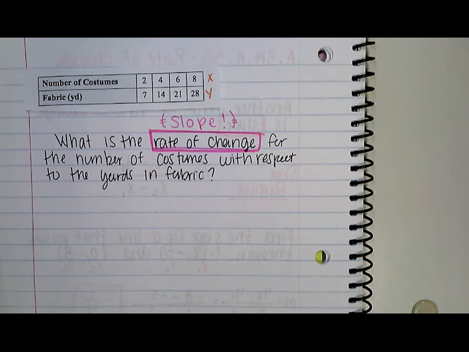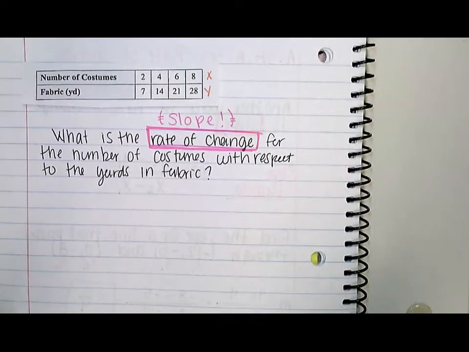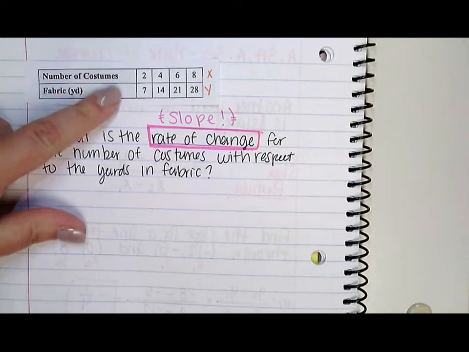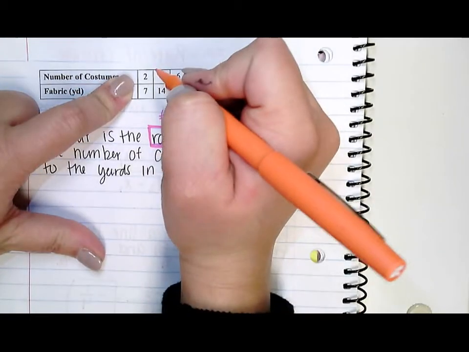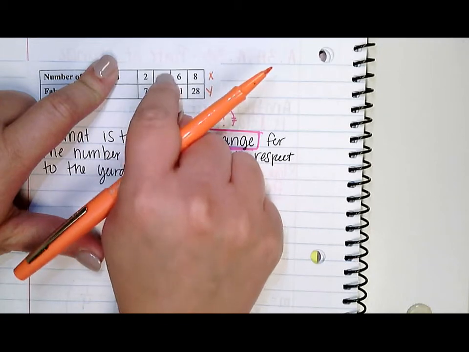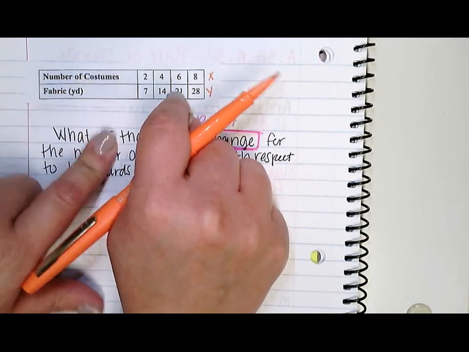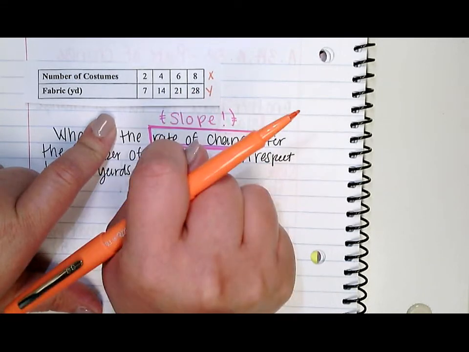Usually X goes on top, Y on the bottom. Okay, and your values here are a little different. So it's like vertical. So the 2 and 7 is an ordered pair. 4 and 14 go together. 6 and 21 go together. 8 and 28 go together.